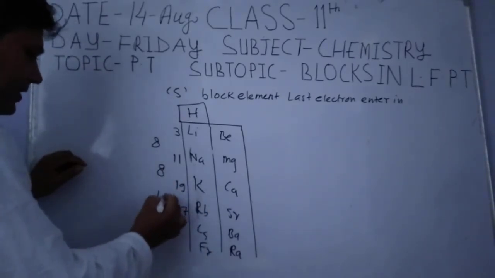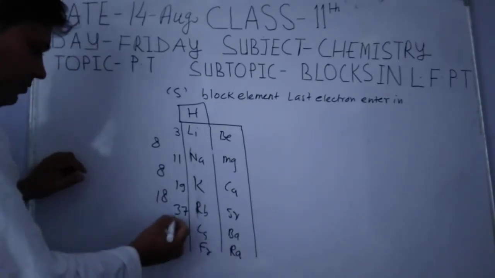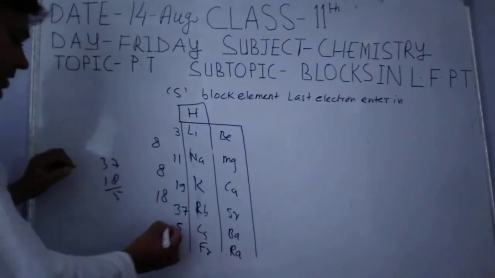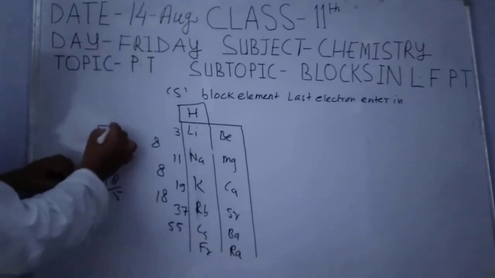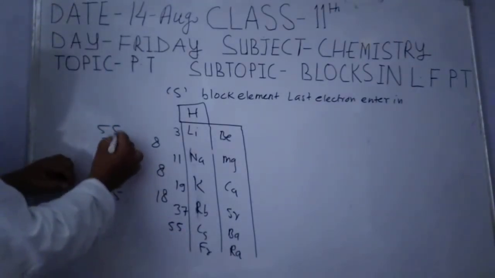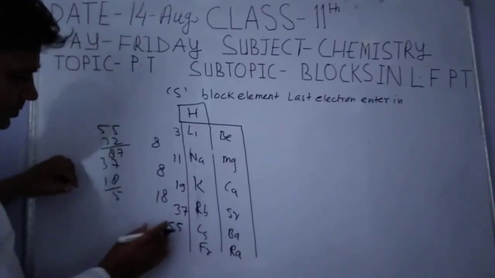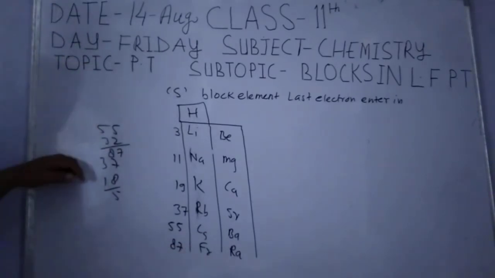We can add 18, 55. We can also add 18 in 37, then it is 55, and last one we can add 32. So this is 87. So atomic number of francium is 87.